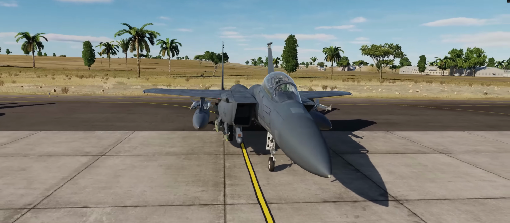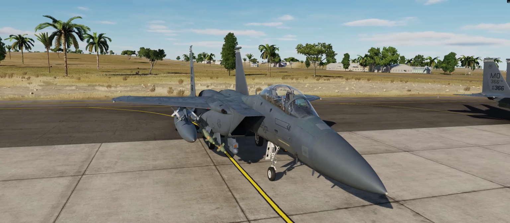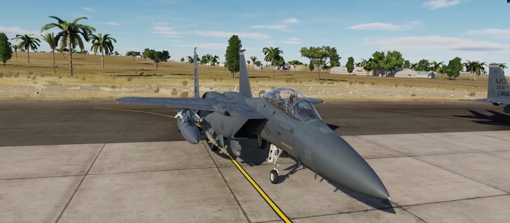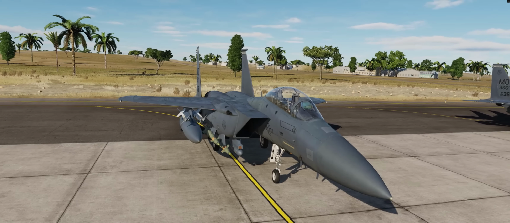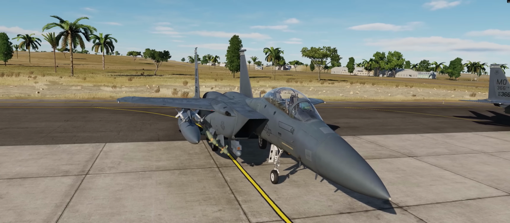Now, this led to the opening stages of the Desert Storm campaign, where F-15E crews actually engaged MiG-29 Fulcrums, or were very close to being engaged by MiG-29 Fulcrums, but had to break off pursuit because they did not have the correct weapons to engage the MiG-29s at that time.